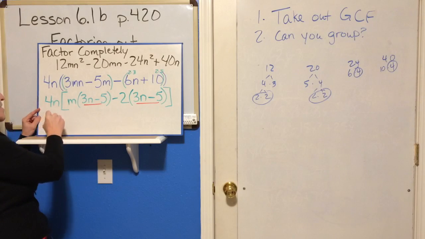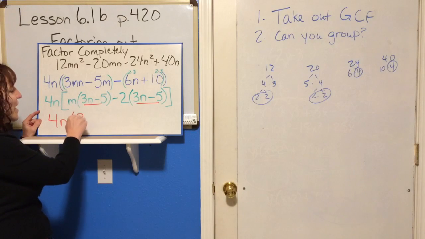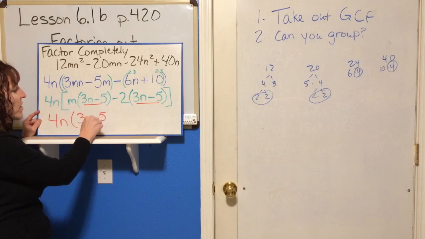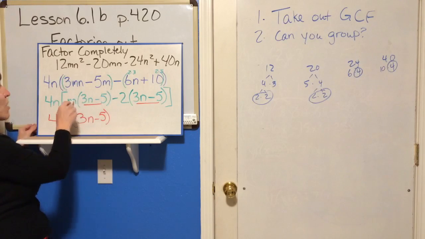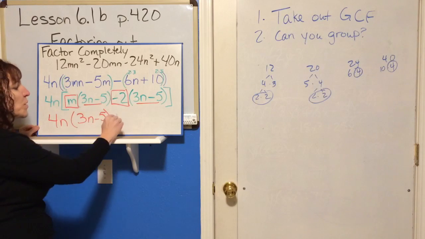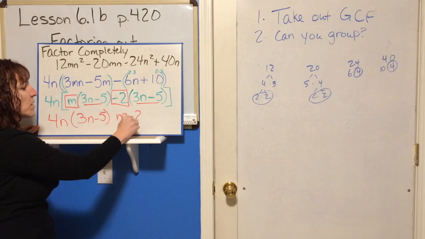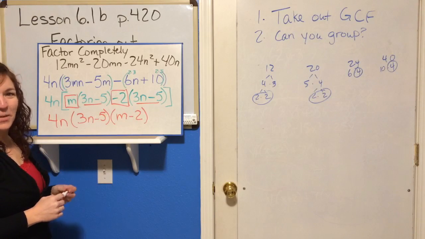That still stays, that tags along to everything. This 3n minus 5, we're going to pull out. And when we pull that out, what's left is m minus 2. And now we're finished. Okay?